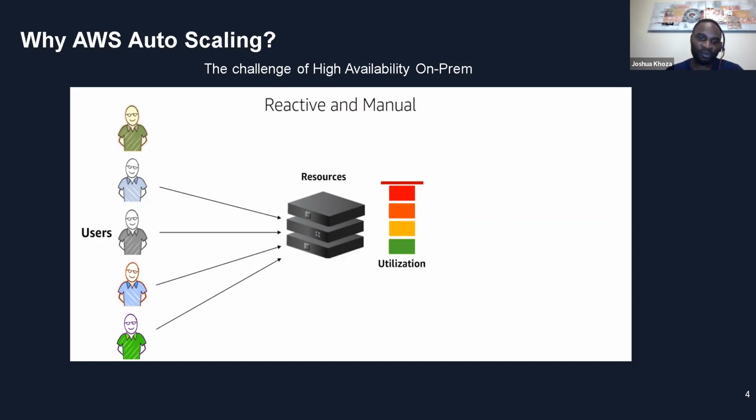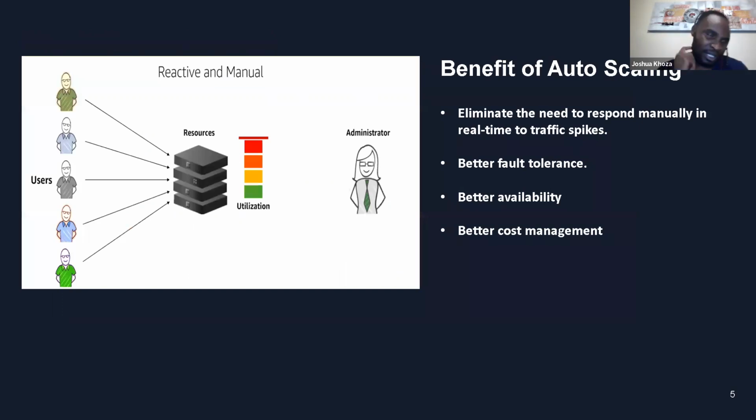If you look at the second screen, you require administrators to come and rack and stack and then deploy software. It takes a long lead time for you to have those resources deployed within your environment to maintain capacity for your applications on-prem. It's a reactive and manual approach that we follow when we are on-prem.